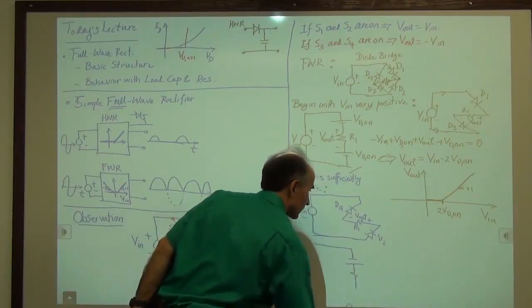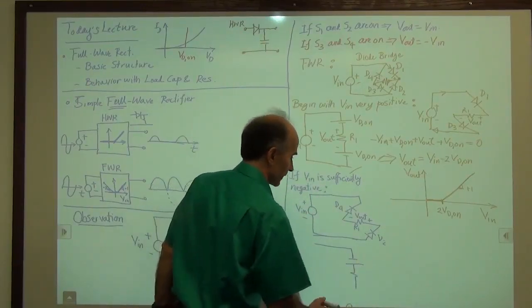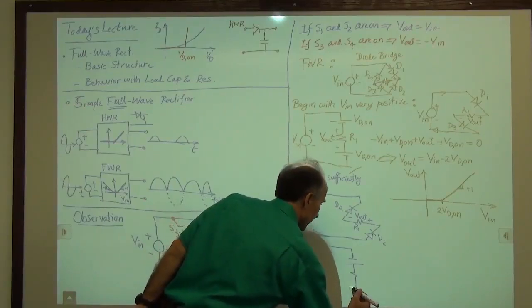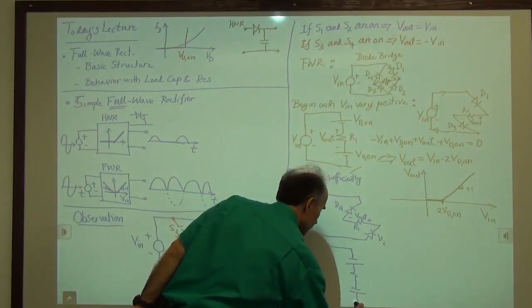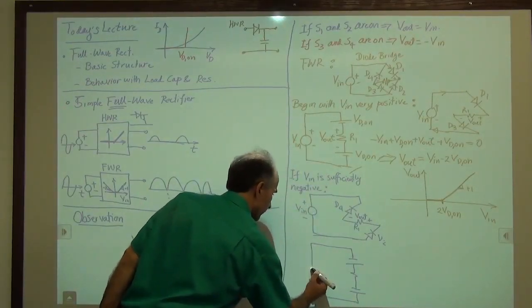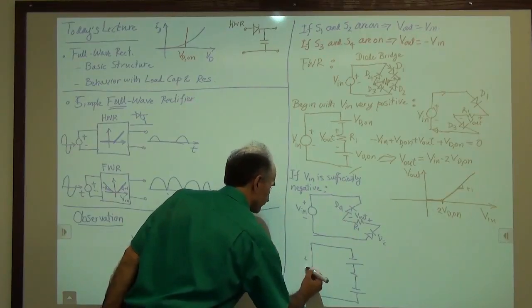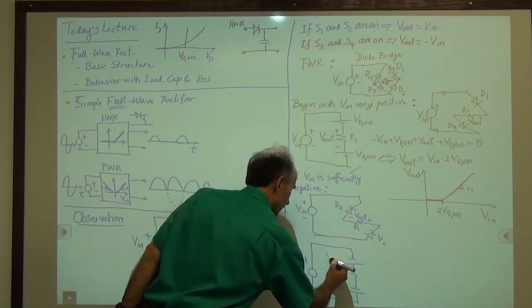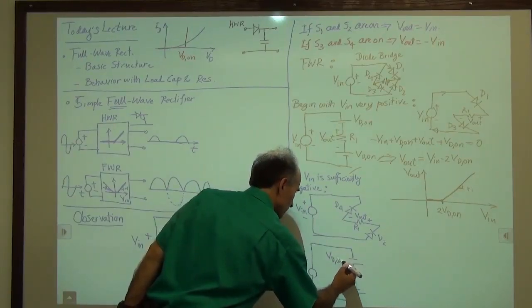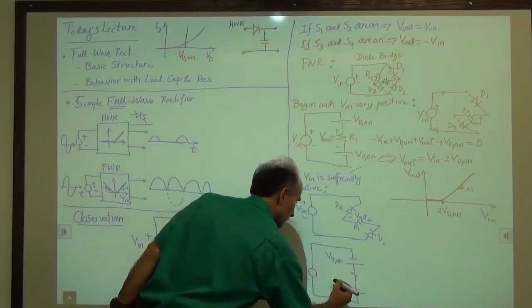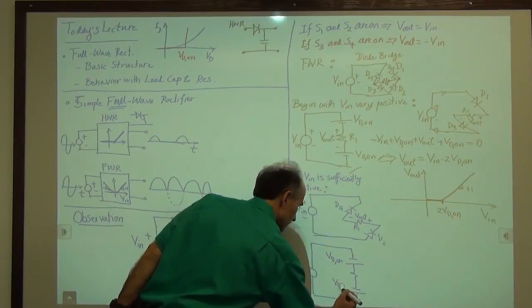Then we have the resistor. So we have to be careful here. And then we have the diode. And then we have the input. So this voltage is VD on, positive here, negative here. This voltage is VD on.